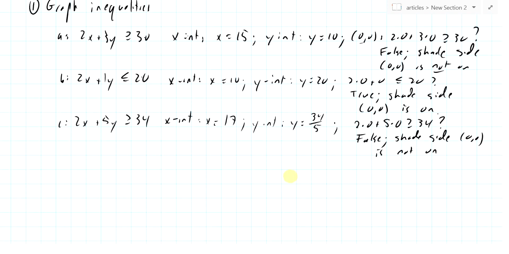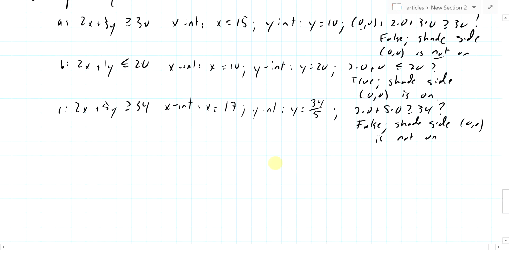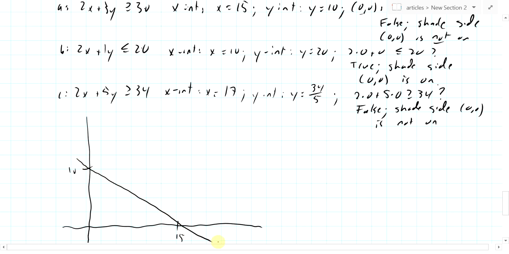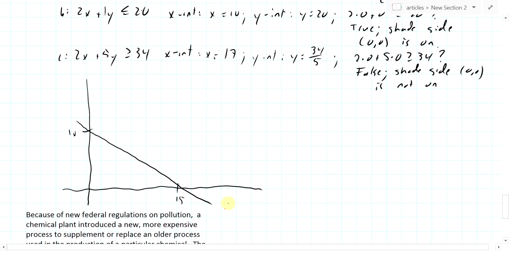So we need to graph this. It'll just be in the first quadrant, and again, this is not art class. I'm not really worried about proportions too much, I just want to make sure that I get everything in the right order. So our first line A, x-intercept is 15, and we'll put that here. Y-intercept is 10, and we'll put that there. And so it looks like that. We will label this one 2x plus 3y equals 30.